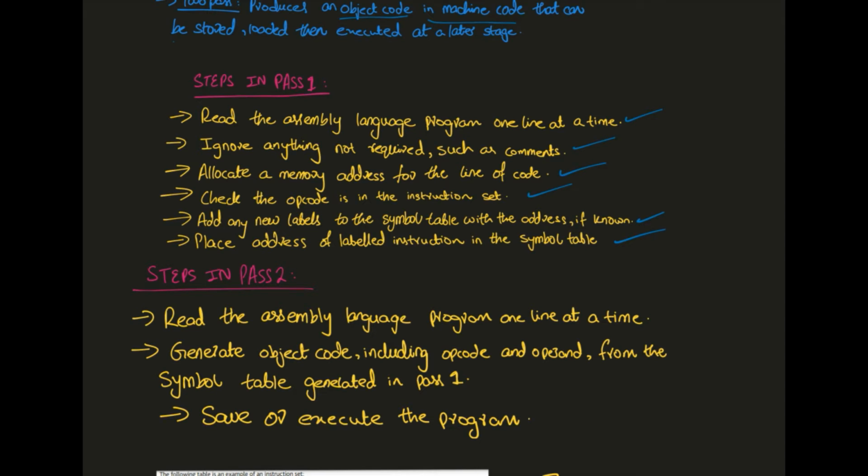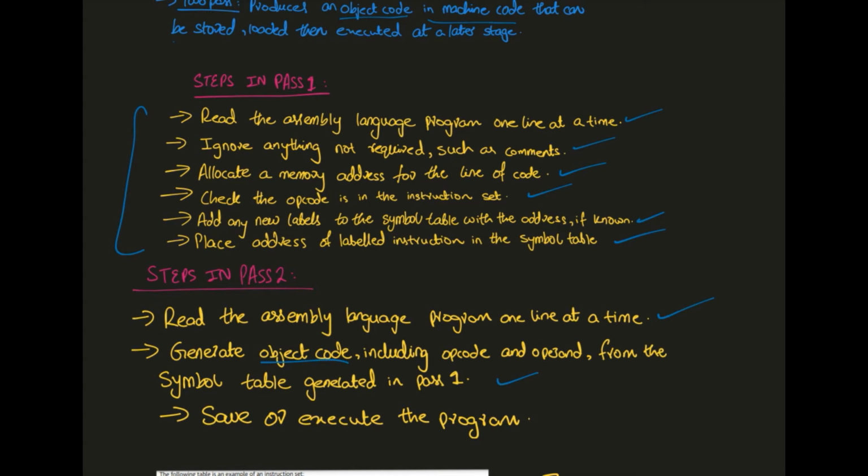In pass two, you do the same steps as pass one, but you add a few steps. The assembly language program is read again. Then the object code, including the opcode and operand from the symbol table, is generated.